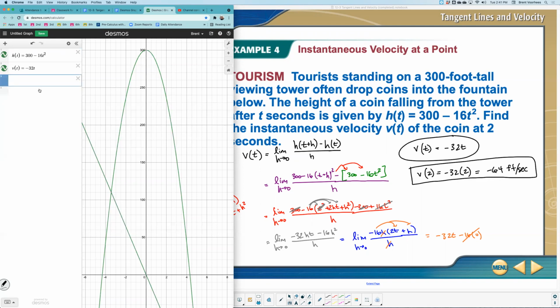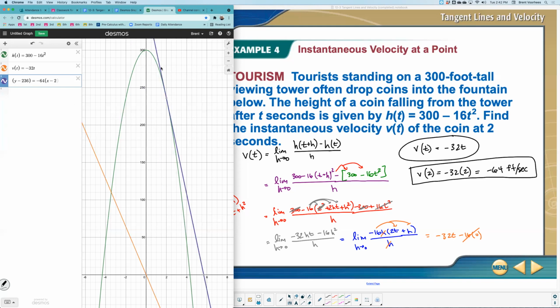Let me show you here. y equals negative 64x. And let me change the color of this tangent line so you can see what I'm doing. If I want this to be at 2 seconds, it looks like this graph has a height of, if I get there exactly, 236. So to be up 236, I'd say minus 236 there. And to go right 2, x needs to be minus 2.